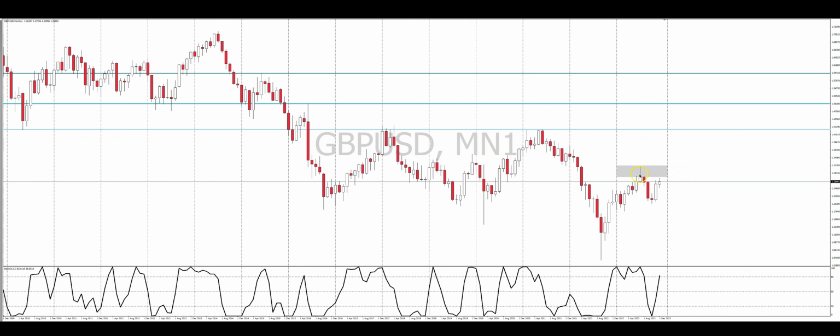Let's say you took this short at the close of this candle because you thought price was going to follow through and keep going lower, as momentum was shifting to the downside as seen on the stochastic indicator. Let's say you took a short position at the break of this candle right here and rode it down all the way through September, and closed out where the candle closed at the end of the last day in September, right here. You would have made 432 pips, just by reading the market.